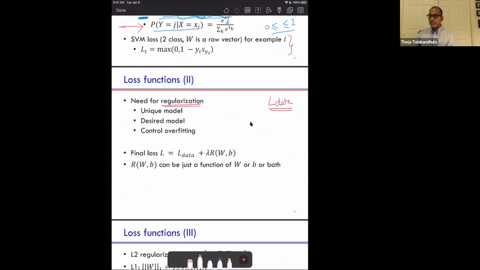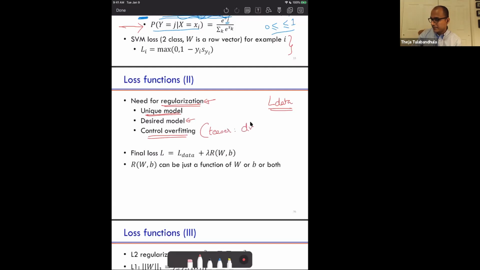It could be the case that there are two linear models which both lead to the same L data value. And then to give a preference of one model over the other, you can add what is called regularization. That preference is like if you have a desired model. You can also add regularization to control overfitting. And there are going to be some new regularization techniques that you'll see in this course. For example, let me just give a teaser.